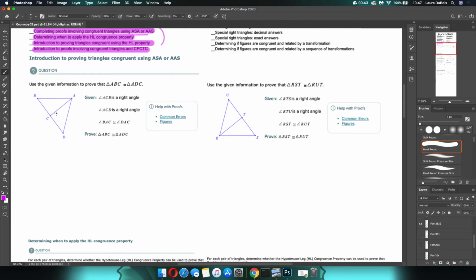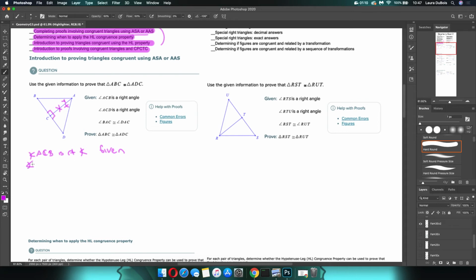So again, label everything. Those are my right angles. BAC, BAC, and then DAC, and then I already know what it's going to be. We have this because that's reflexive. So what do we start with? Our givens. So angle ACB is a right angle because that's given.